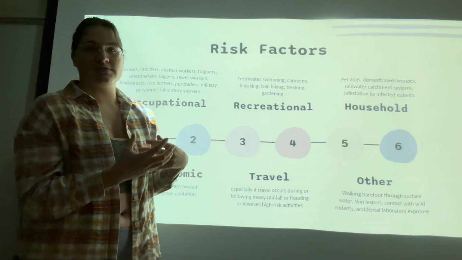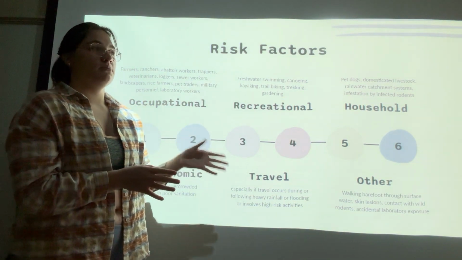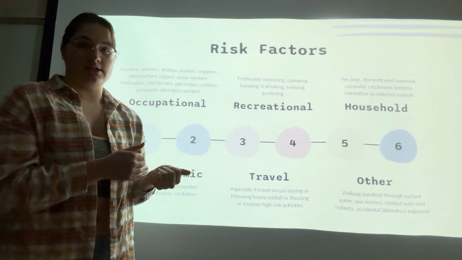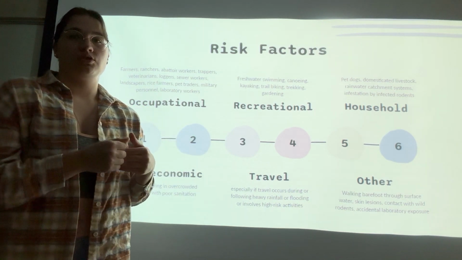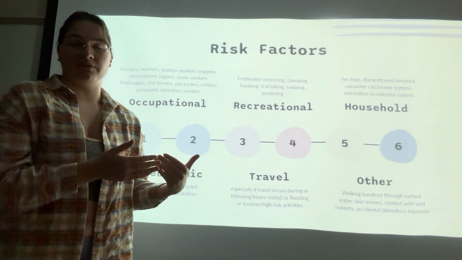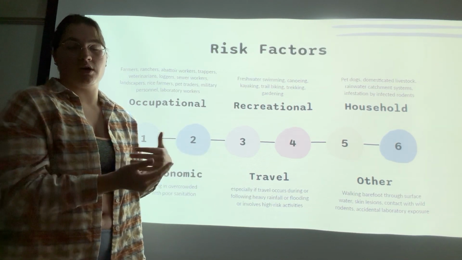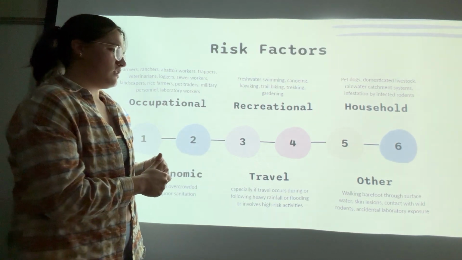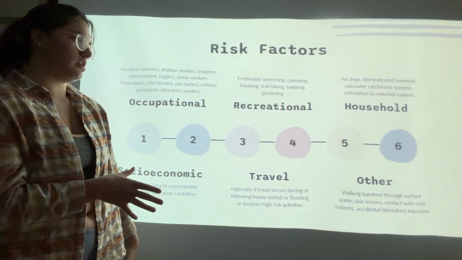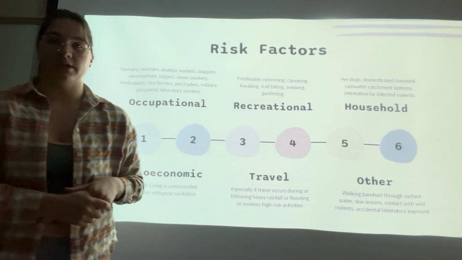Travel, because we don't have such a high prevalence rate in the United States, a lot of times the people in the United States who are contracting the disease traveled before they knew they had the disease, and that's why the prevalence rate in America is that 100 to 150 range. And then other methods would just be like walking barefoot with a skin lesion, contact with wild rodents, or accidental laboratory exposure.